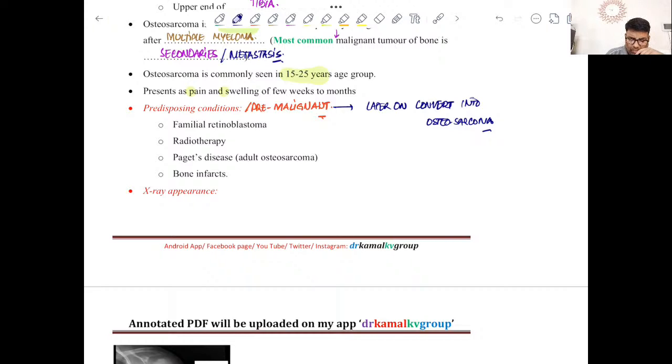One is of course the familial type of retinoblastoma, then radiotherapy, Paget's disease. Sometimes we can also include fibrous dysplasia and bony infarct. These are all conditions which increase the risk of development of osteosarcoma later on.